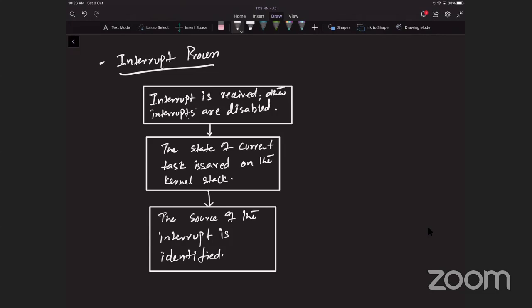For example, is it hardware, or an exception, or a software interrupt? The priority of the interrupt is then checked. All right.